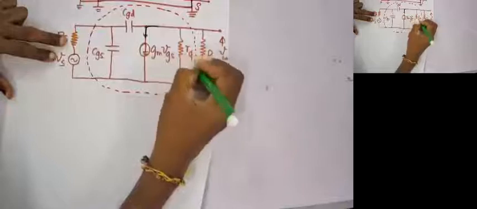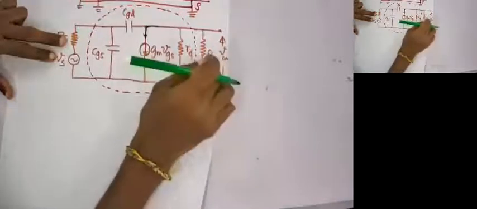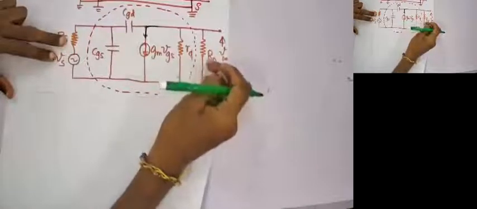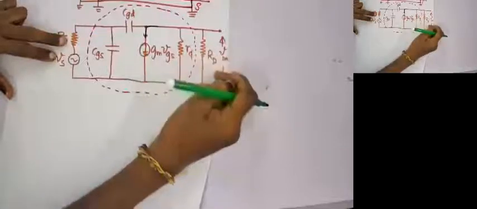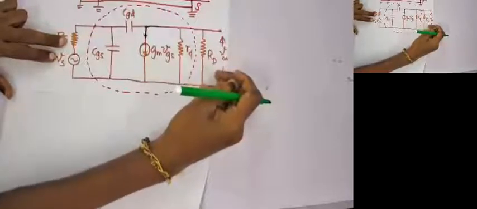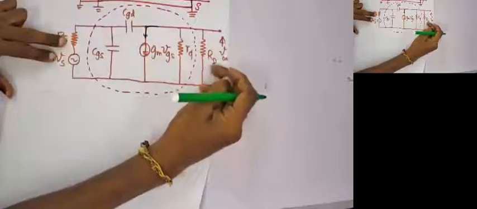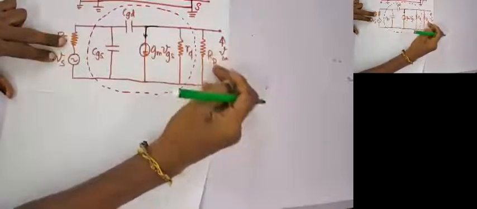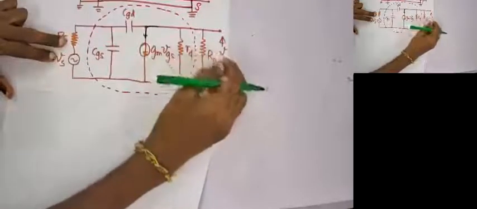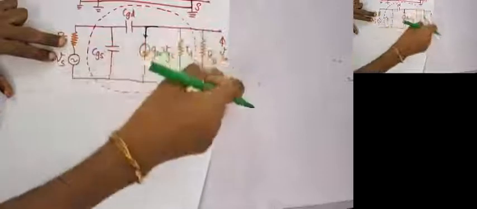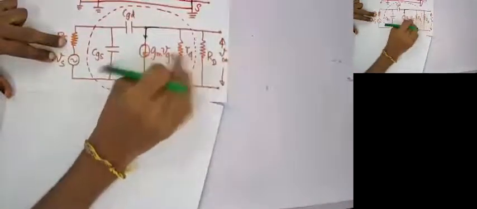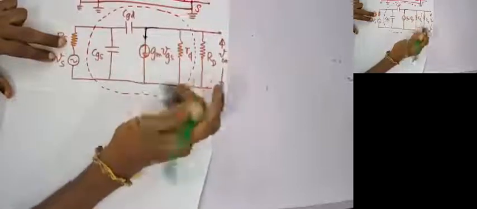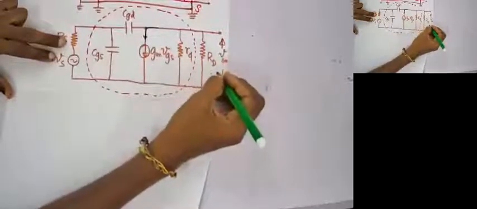Normally, rd will be at least 10 times bigger than capital RD. This will be in the range of 40 kilo ohms and above, and this will be about 1 to 4 kilo ohms. If you want, you can simply neglect rd by assuming that rd is much bigger than capital RD. But if you don't want to neglect it, you can simply take it as a parallel component and mark it as ZD.